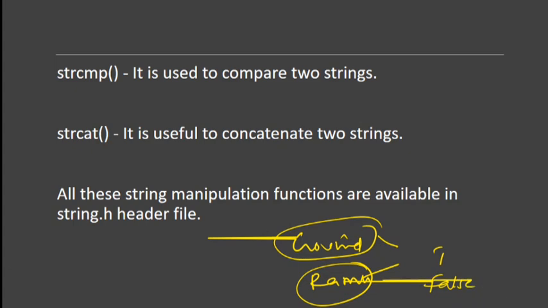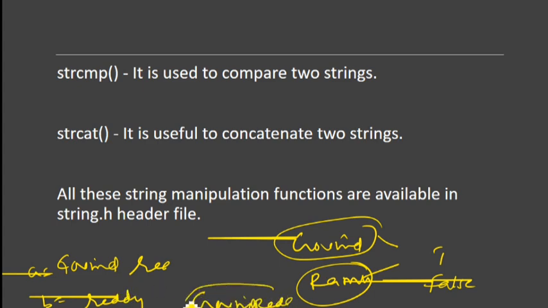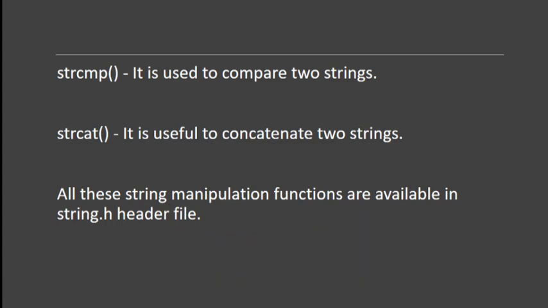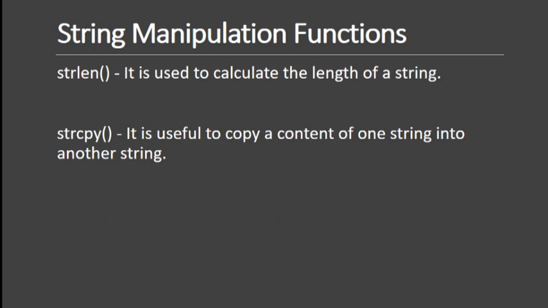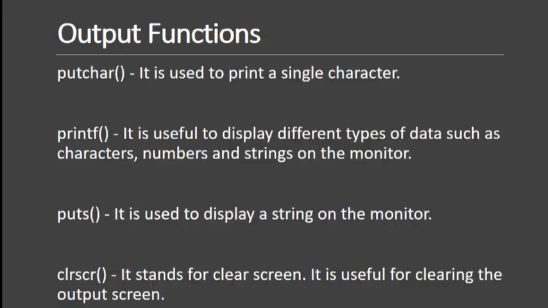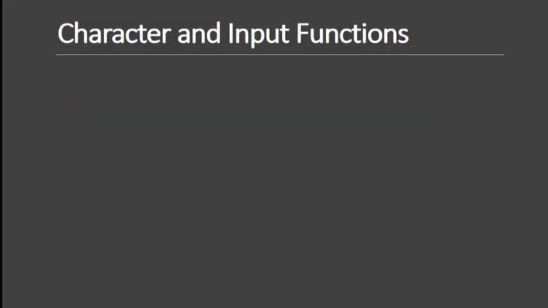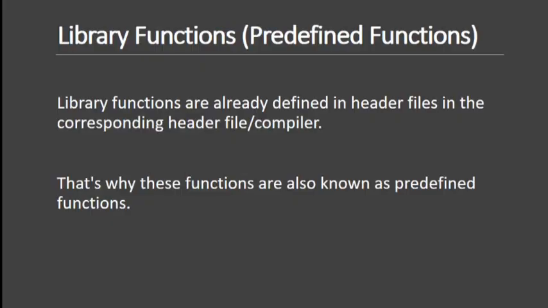String concatenation means, for example, I'm writing here Govind and another string, so these two strings come one after another. All these functions we'll discuss separately in string functions. So these are some predefined standard library functions. Any more doubts in that? Thank you very much.